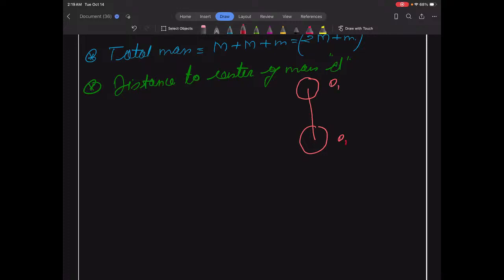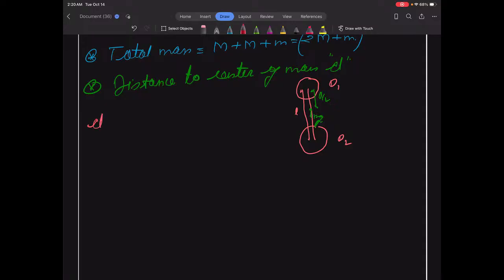Upper disc D1, lower disc D2, and for the rod whose length is L, we are very sure that its center of mass will be lying at a distance of L by 2 from the pivot point. We already know this because mg will be acting at this particular point in the downward direction. And for the upper disc, the pivot point is itself on the disc, so that distance will be equal to 0.